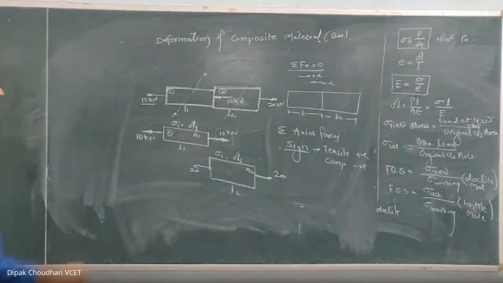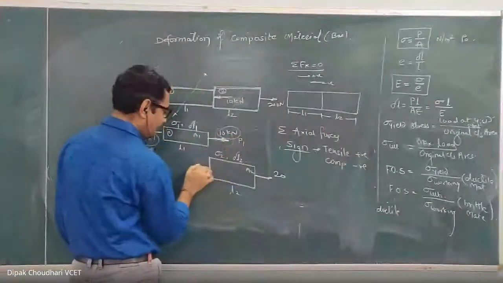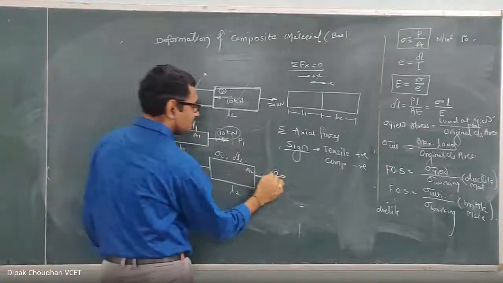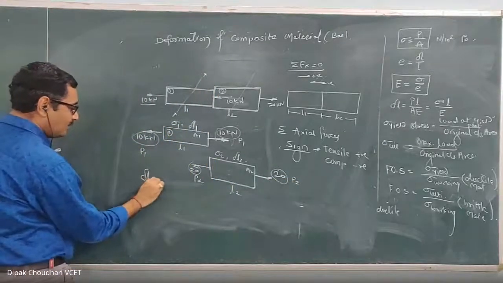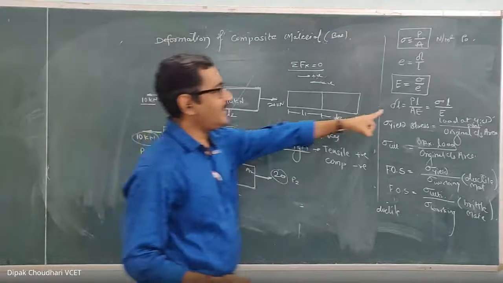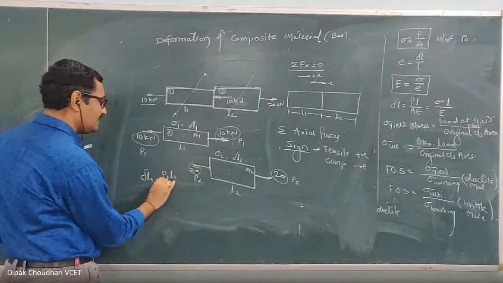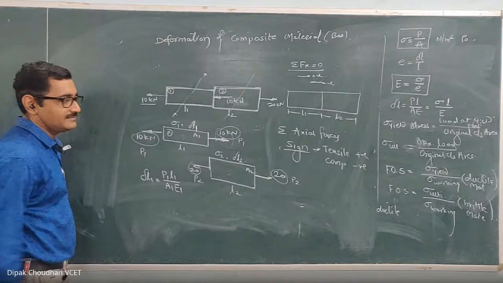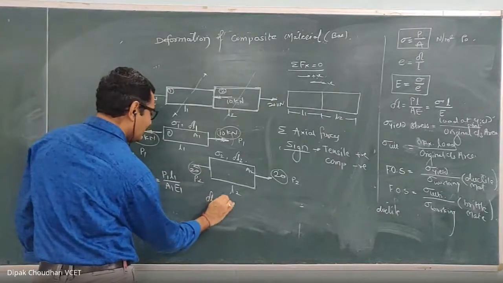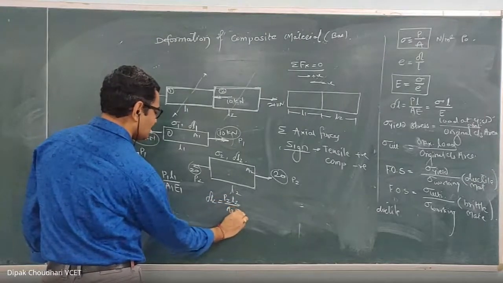Okay, so if I say this has a P1 and if I say this has a P2, then this delta L1, deformation of part 1, can be calculated by using this formula. Here it is P1 L1 upon A1 E1, and delta L2 can be written as P2 L2 upon A2 E2.